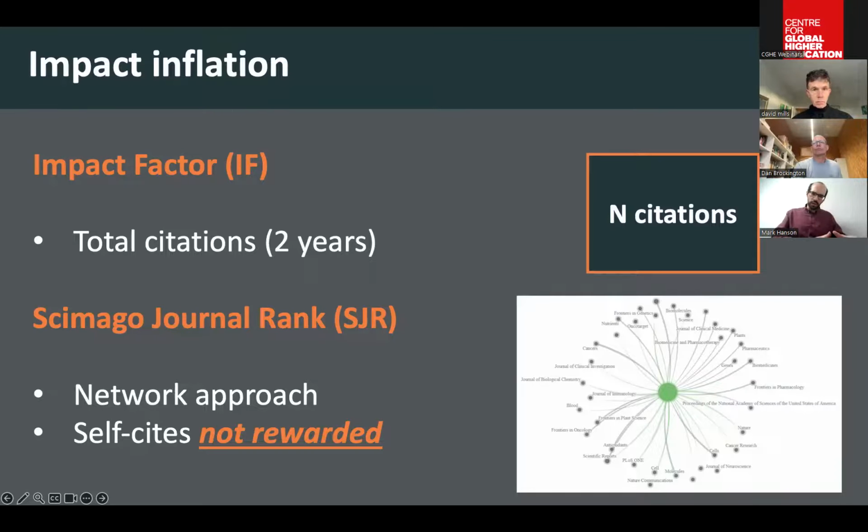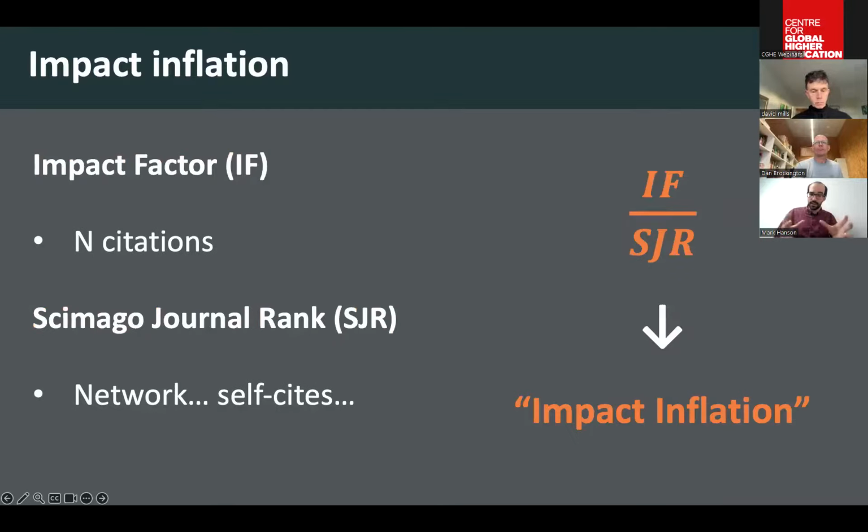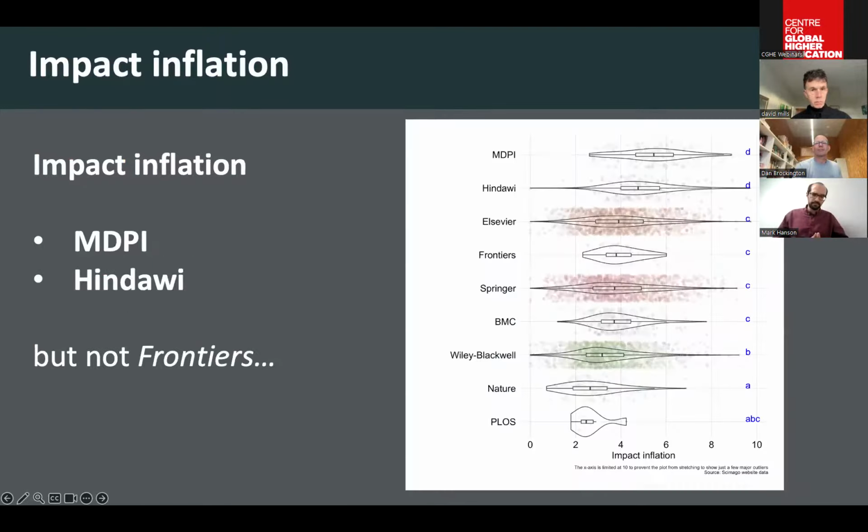By taking a network approach, SCImago can track where the citations come from, and it puts limits on how much reward and how much prestige you can earn from self-citation, or journals citing themselves, or even just small cliques of journals in small networks providing lots of group citations. And so it's this ratio of the impact factor to the SCImago journal rank that we use as our metric of impact inflation, our measure of Goodhart's law.